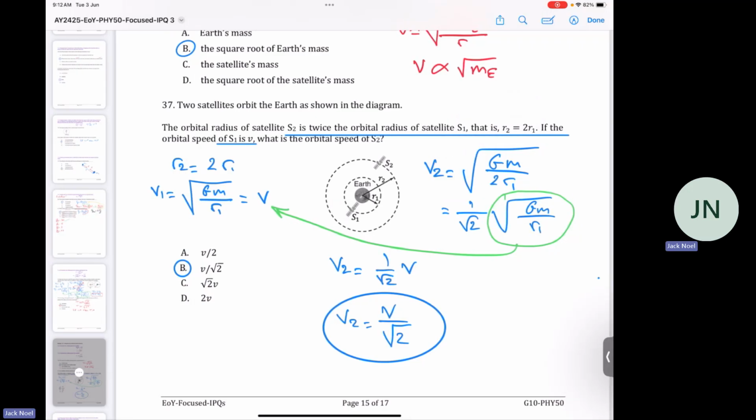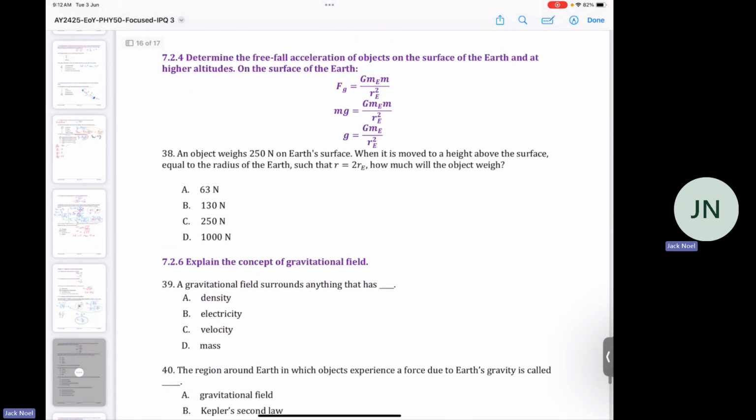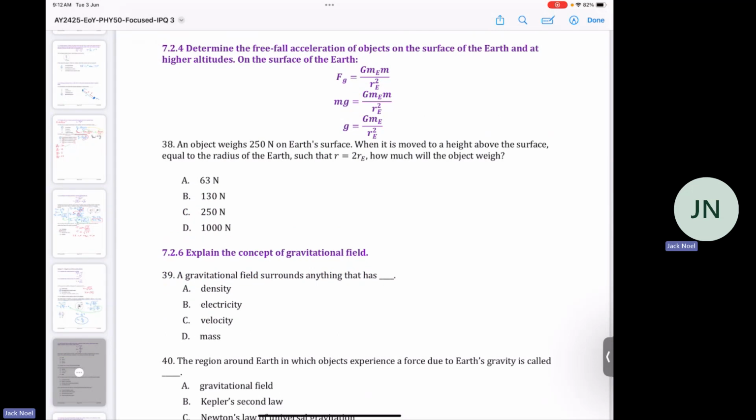Then they told us here that an object is weighing 250 newtons on Earth. If you take it away from Earth by exactly the same distance as the radius of Earth, which means that you are doubling the distance, so instead of being RE, you're taking 2RE, what's going to happen to the weight of the object?